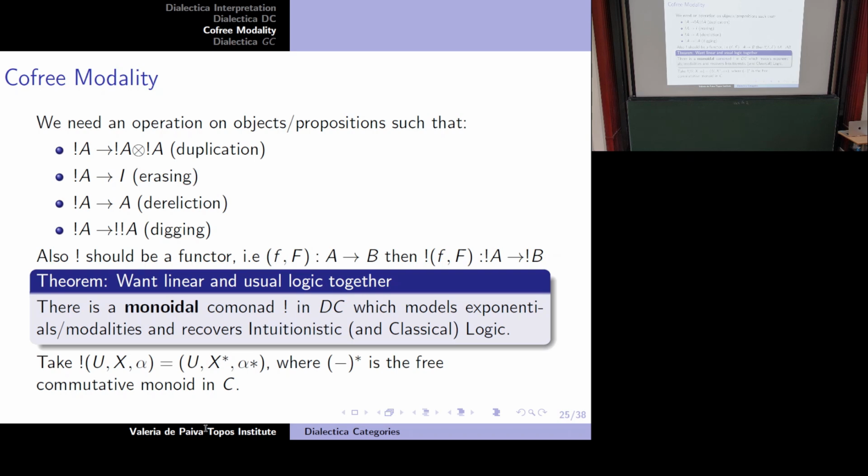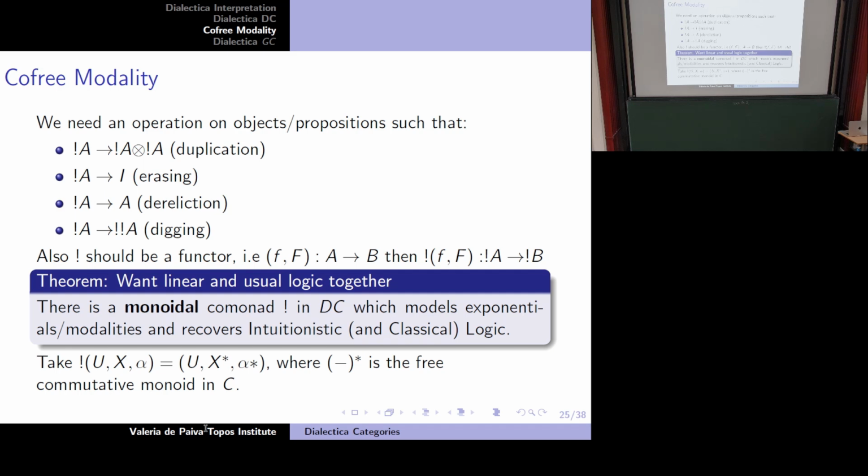And so I'm not going to give you the full story here because we are getting late, but as I was saying early on, the important thing about linear logic is to have a bang so that you can go back and have normal logic as well as the resource-careful logic.